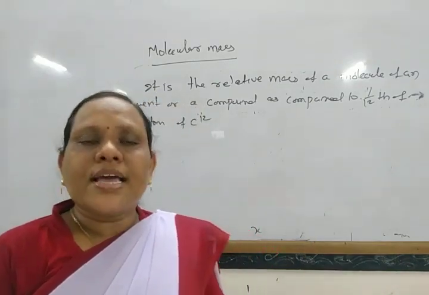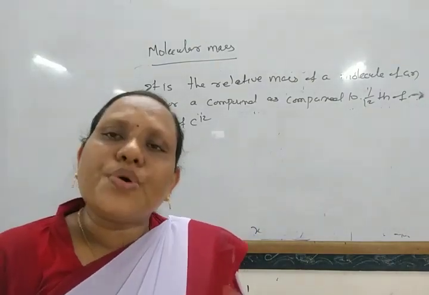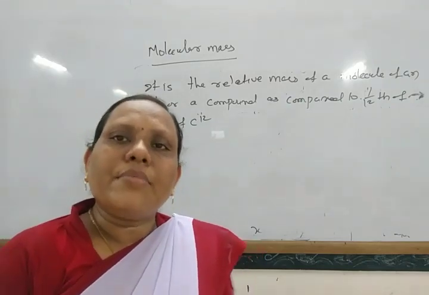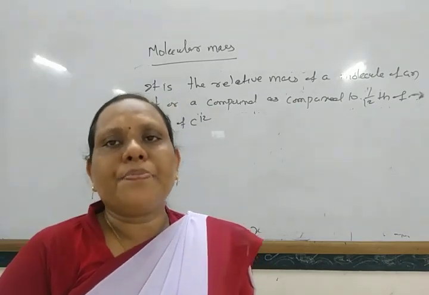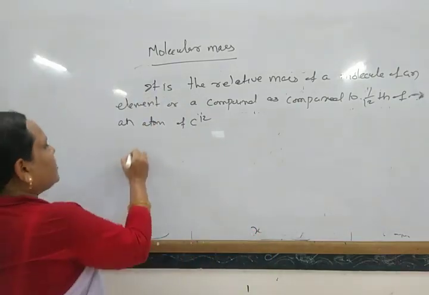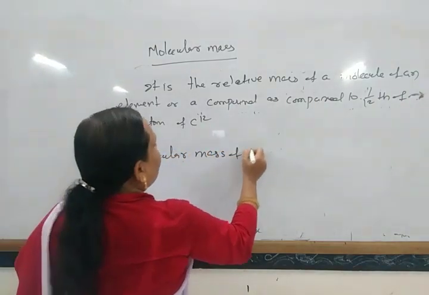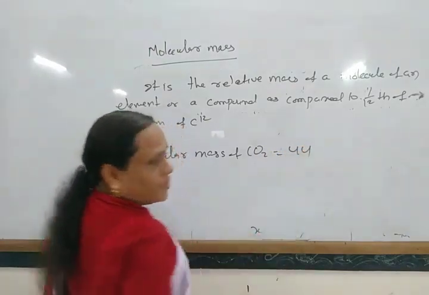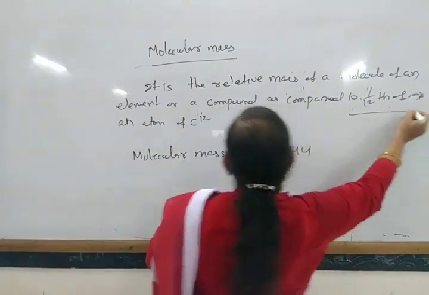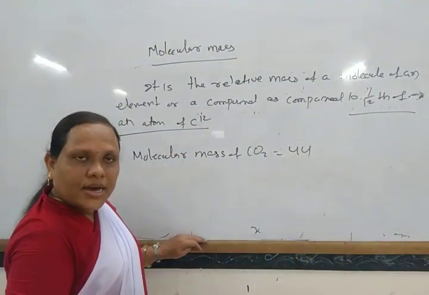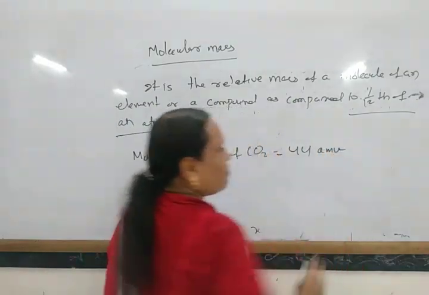In this way, one molecule of carbon dioxide is 44 times heavier than 1/12 of one atom of carbon 12. Hence, the molecular mass of carbon dioxide is 44, and molecular mass is also expressed in AMU, because it is compared with 1/12 of an atom of carbon 12. So the molecular mass of carbon dioxide is 44 AMU.